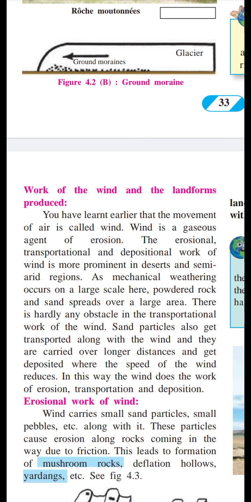When the wind speed becomes less, the sand particles are deposited there. In this way, the wind does the work of erosion, transportation and deposition.